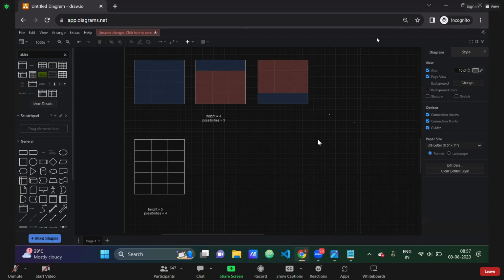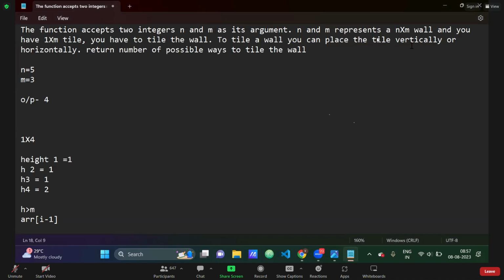Understood? In the question, if you observe, he's asking you have only 1 cross m tile. So height 1 is standard. The m will vary, the width will vary.